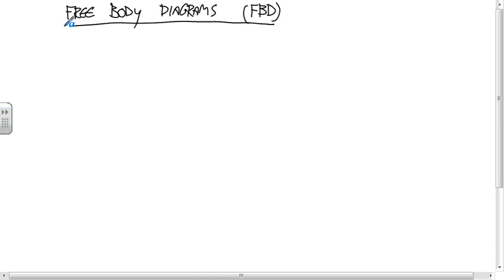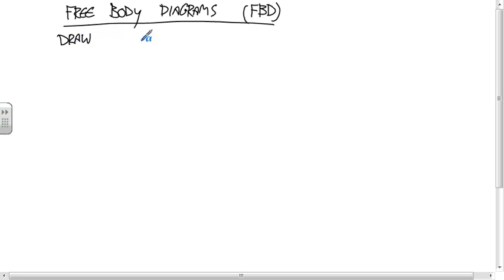Okay, so free body diagrams. I'm always going to abbreviate that FBD. I'm going to hold you accountable to this.